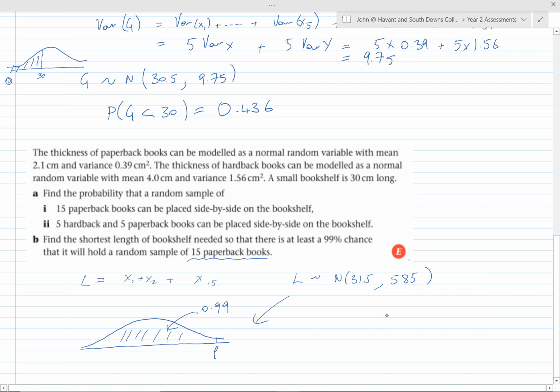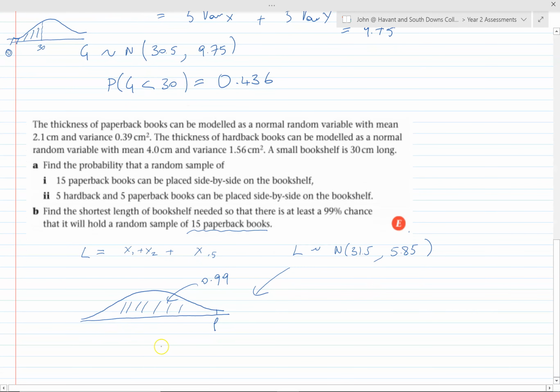We're going to use a calculator because the calculator is perfectly acceptable for OCR A. So we just need to make sure we use the inverse normal function.